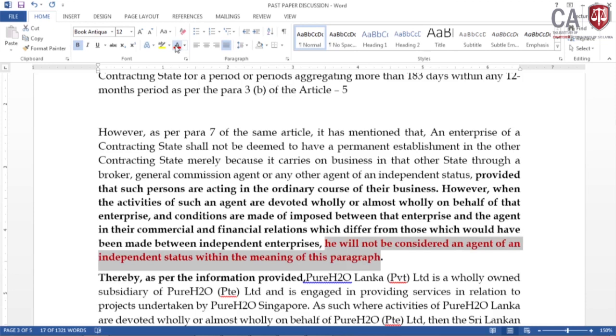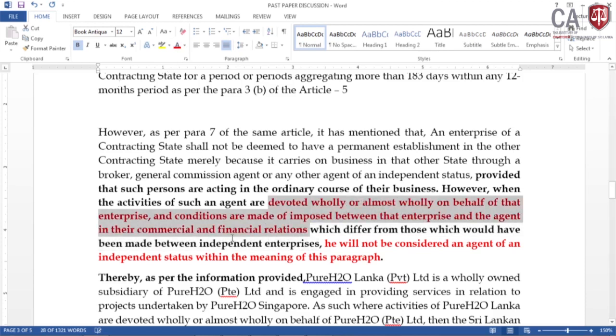See the wording in the treaty: if he is devoted wholly or almost wholly on behalf of that enterprise in their commercial and financial relation, then that person is not acting as an independent agent.